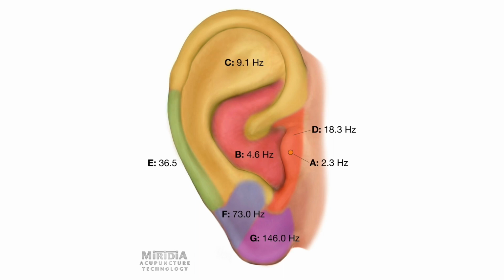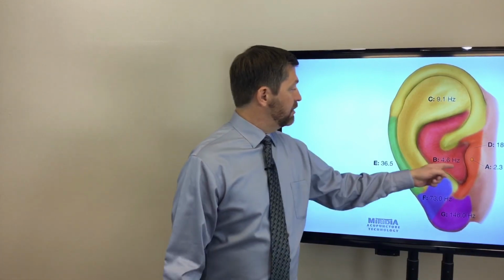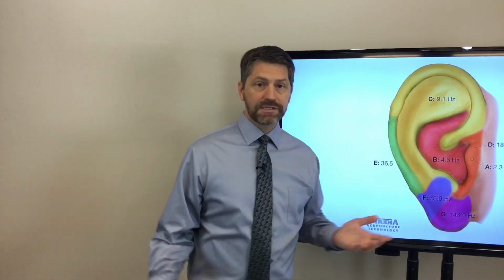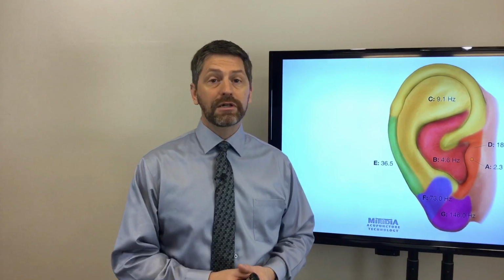But if I put it up like this, you can see that in each colored area, there's one frequency that you use. It's not hard to do at all. So if you're in this yellow area, for example, the recommended frequency is 9.1 hertz, or 9.1 pulses per second. If you're down here in the concha, in the red area, 4.6 hertz. Really simple. So wherever your point is located, you treat according to that frequency.